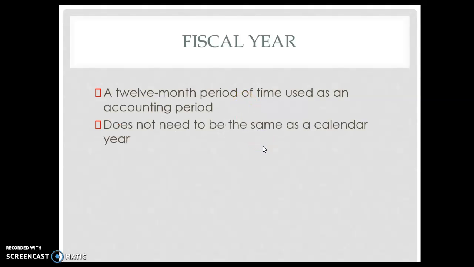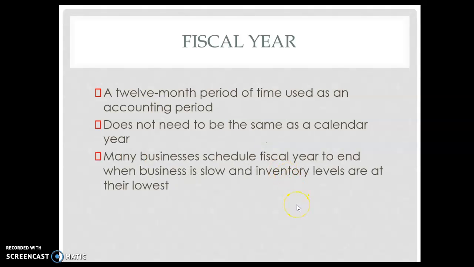At the end of the fiscal year, you are required by GAAP to count all your inventory. So if you're a company that has products on your shelves, if you were Walmart, you have a zillion products on the shelves across the country, and at the end of your fiscal year, you have to count every single product and calculate how much cost you have in those.